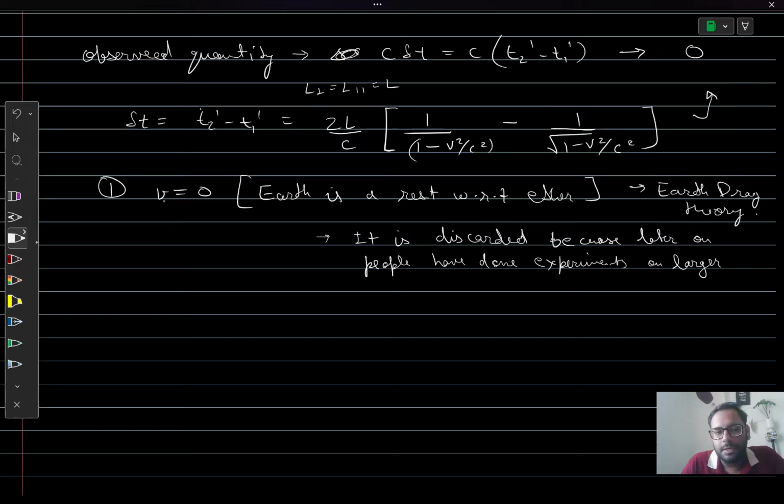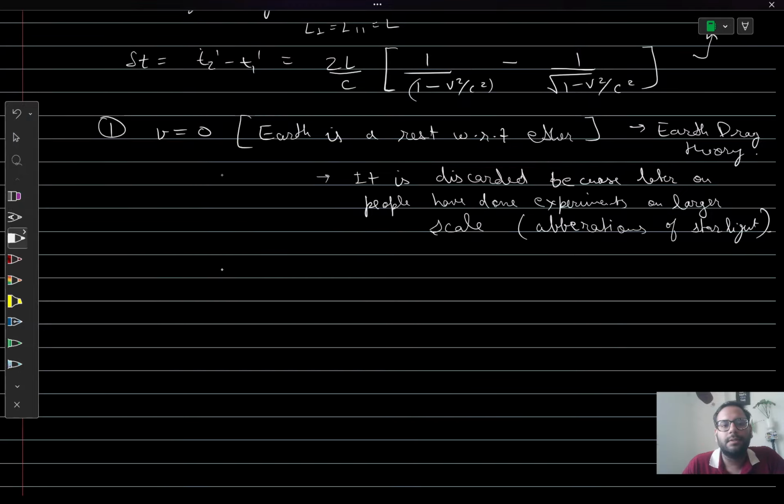When v is 0, when the earth is at rest with respect to ether, the whole quantity will be 0. This is my first explanation, but it is discarded because later the scientific community did experiments on larger scales, like aberration of starlight. These experiments prove that this cannot be true.